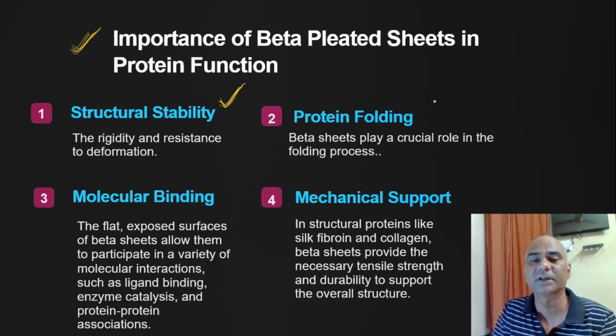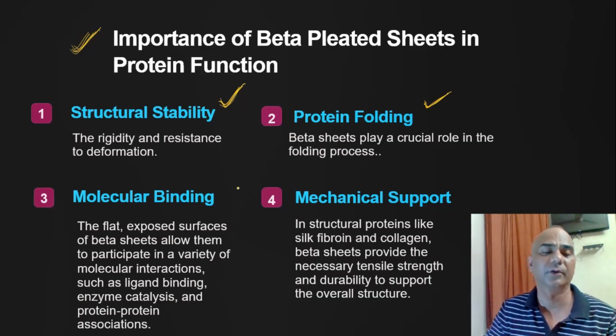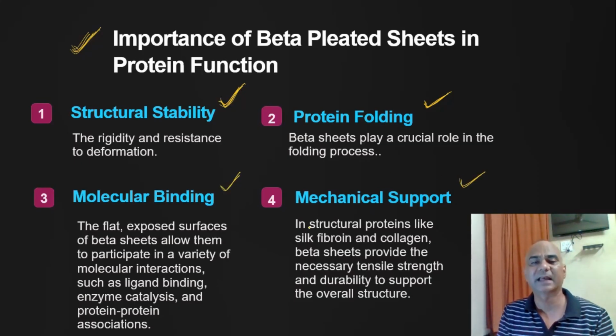You can note down these points, or you can take the screenshots and note down these importance of beta pleated sheet, the molecular binding and the mechanical support, just like in a structural protein like the silk fibroin and the collagen fiber, beta sheet provides the necessary tensile strength.